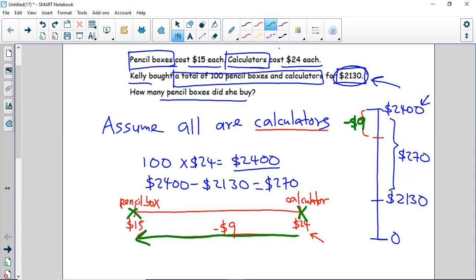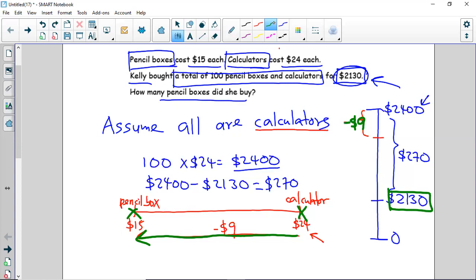See? When you do the assumption method, how to better understand and how to apply this method is to have some drawing to help you to understand so that you don't get confused. So every time you replace a calculator, what happened to the leaf? The leaf will go down 9 floors, $9 lesser. So you're getting nearer to the correct total. So how many times must you replace the calculators?